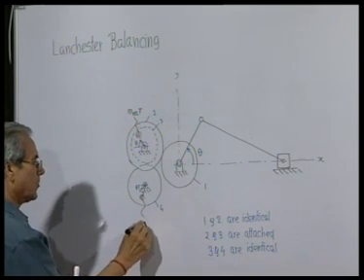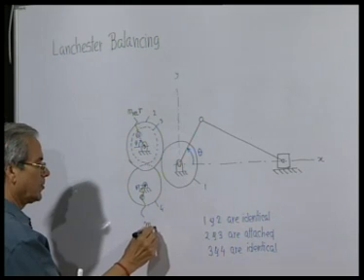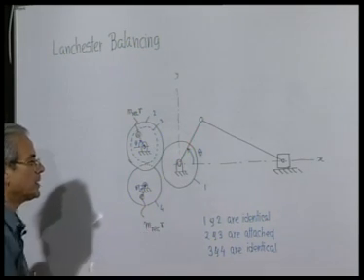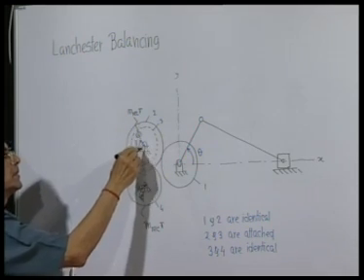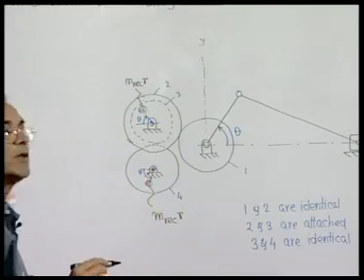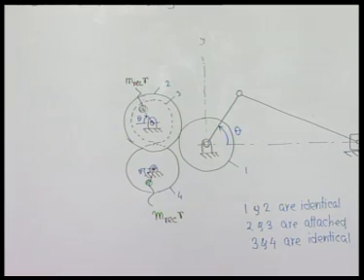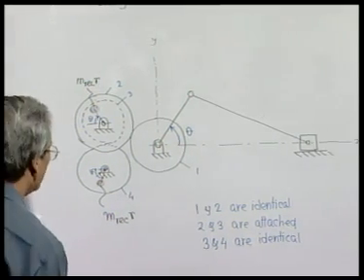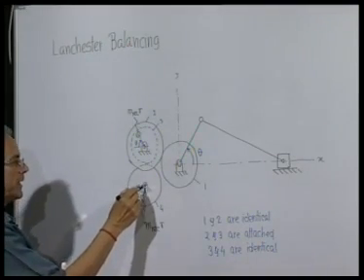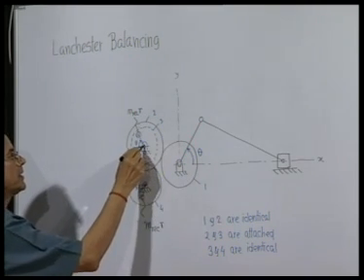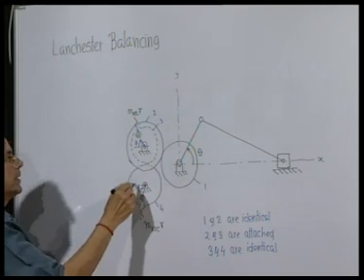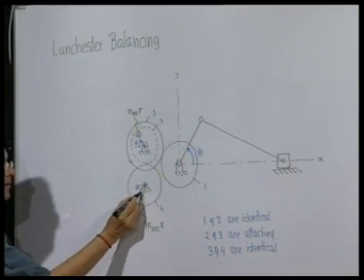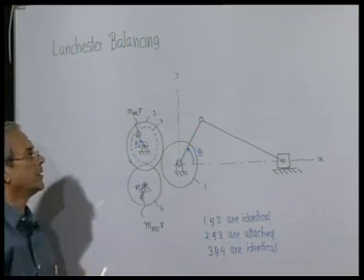These unbalanced quantities are equal to m reciprocating into r. That means the product of this mass and this eccentricity, and the product of this mass and this eccentricity, are equal to m reciprocating r. They are also placed in such a manner that the line joining these respective centers with the horizontal line makes angle theta, which is same as this.